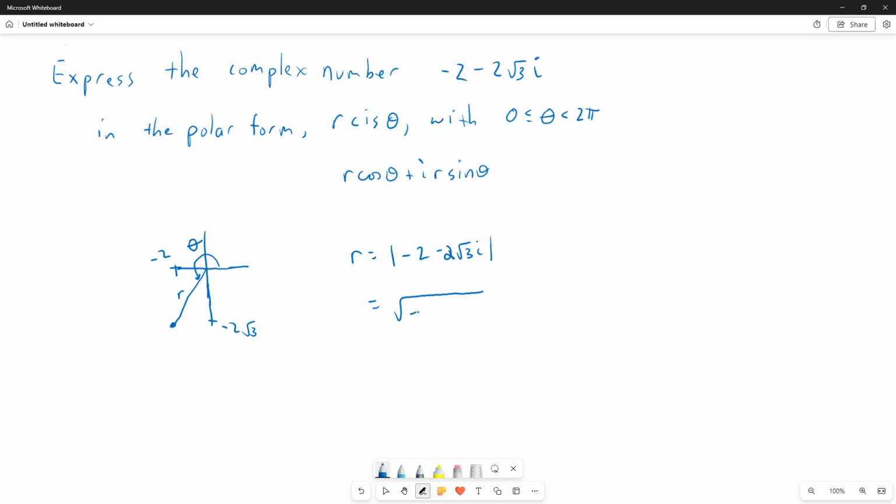So the square of the real part plus the square of the imaginary part, and that gives us 4 plus 4 times 3, and the square root of 16 is 4. So our polar radius is 4. Our complex number is 4 units from the origin.